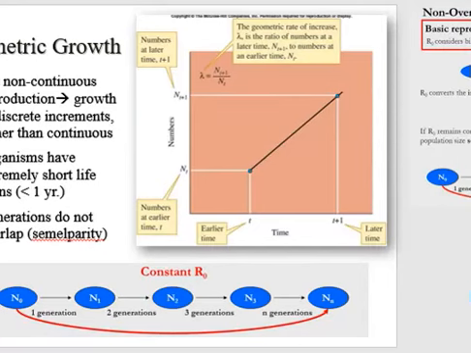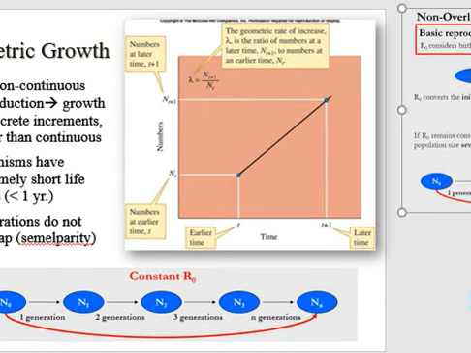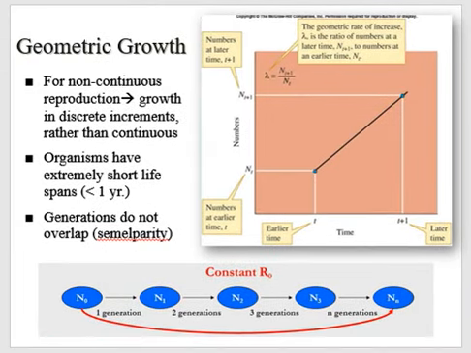So these populations exhibit what's known as geometric growth, where growth occurs in discrete increments, where each generation is essentially a discrete increment rather than continuous units. And you don't have individuals from this generation lasting into the next generation. This is the non-overlapping element.